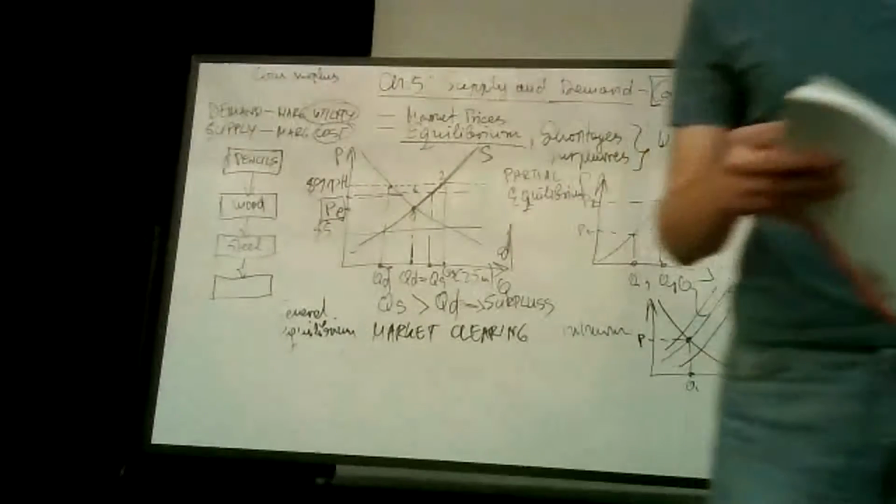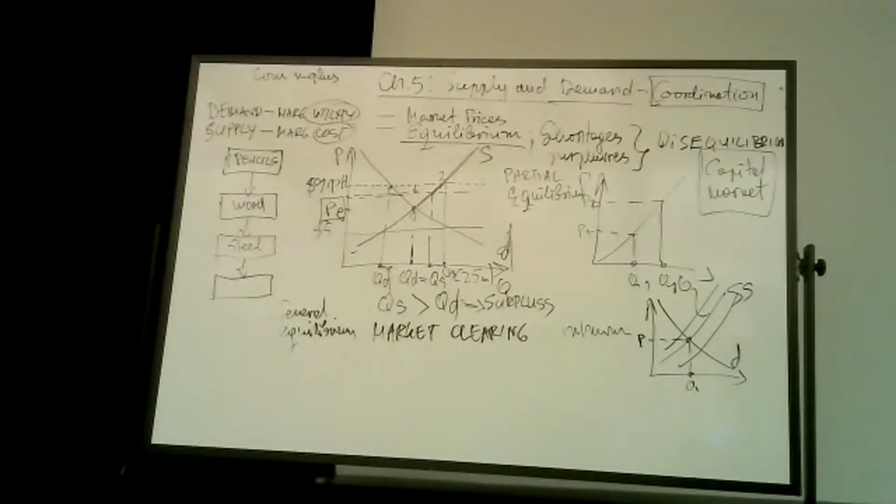You can take a look at it, and maybe I will introduce it later on when we talk about money and the monetary system, monetary policy. For now, you can ignore it.